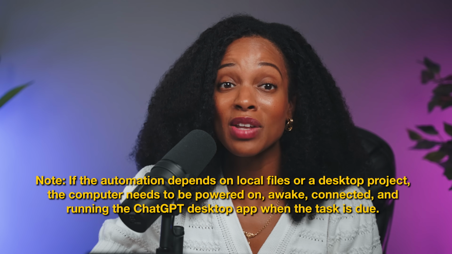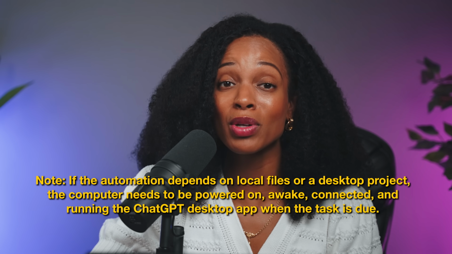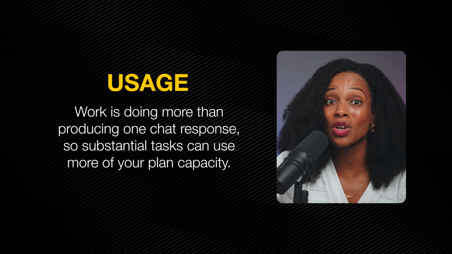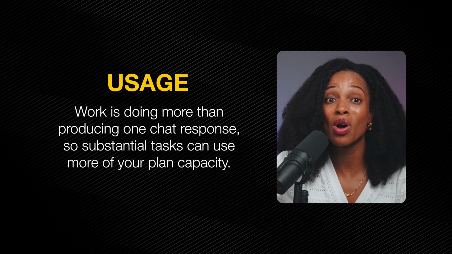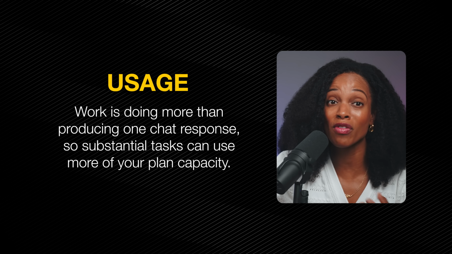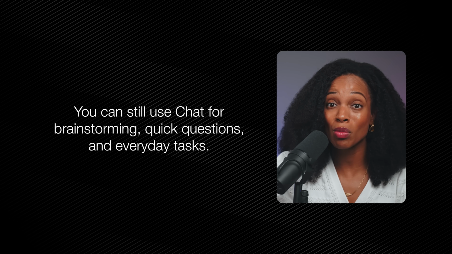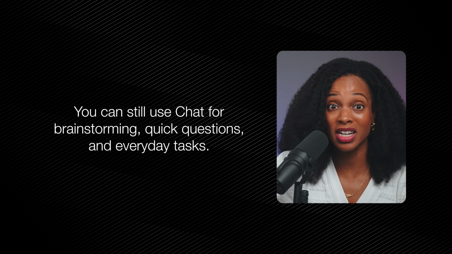All right, so now that you've seen what work can really do, let's talk about some things that I've learned in hours of testing this that I want you guys to be aware of. First, usage. Work is doing more than just producing one chat response at a time, so more substantial tasks can use more of your plan capacity, so just keep that in mind. You can still use the chat for brainstorming, quick questions, and simpler everyday tasks.